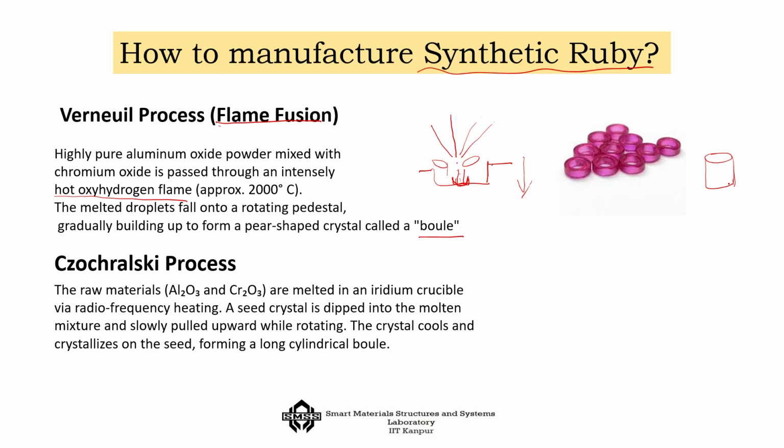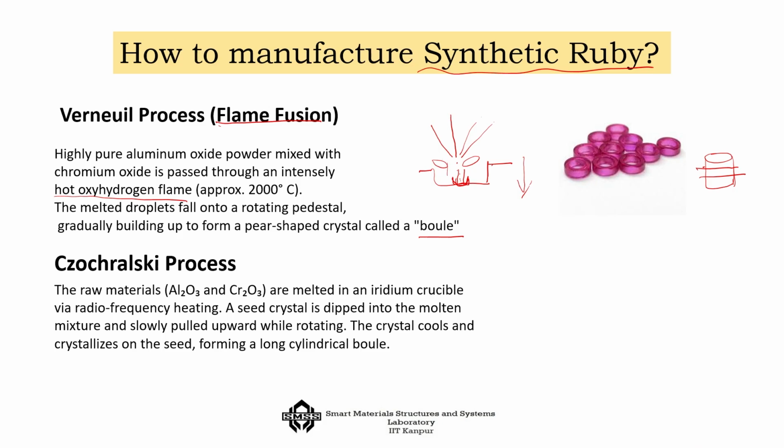Once you get it, then you can slice it. So, you can slice many parts of it, and that is how you get each of the single crystal small bearings of ruby that you can use in the system.